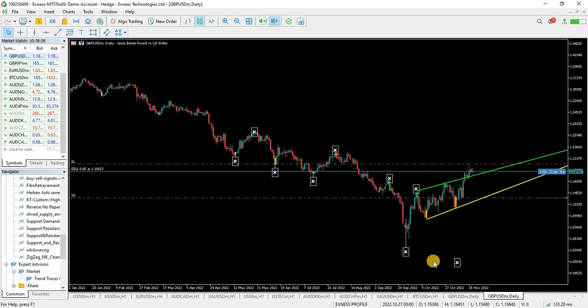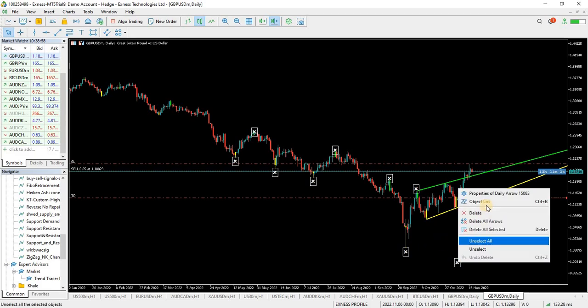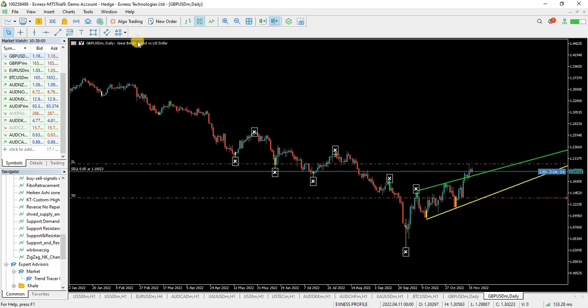But what happened? The market created a newer low that's higher than this low. So instead of creating a low that's lower than this low to continue the downtrend, it created a new low that's higher than this low.